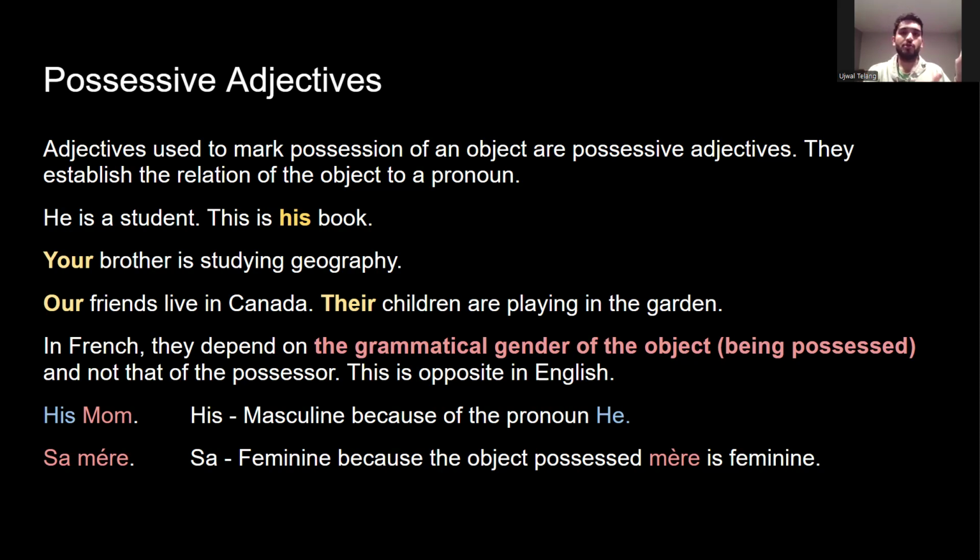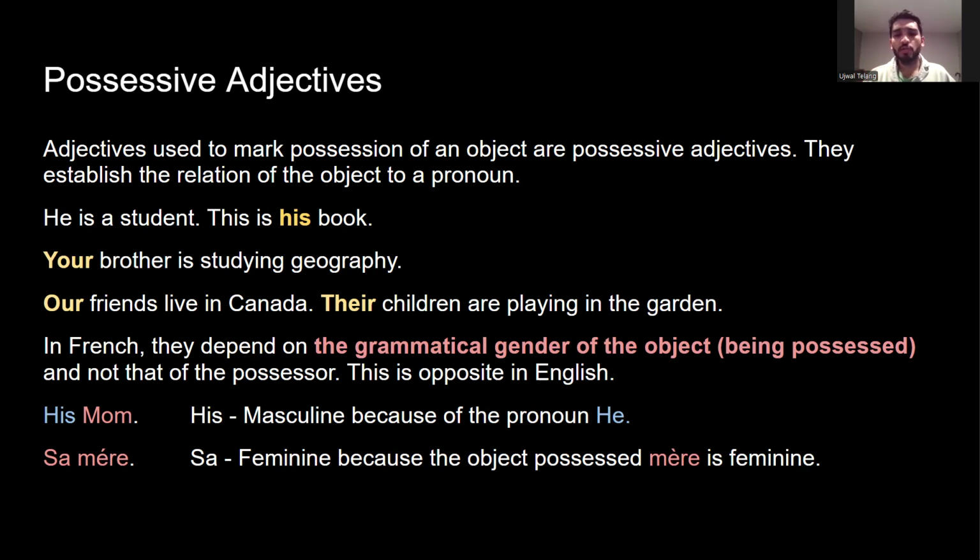But in French, if you translate it, you're saying sa mère, okay? So in this case, you're not able to tell whether it's a guy's mom or a girl's mom, but from the context, you would know.